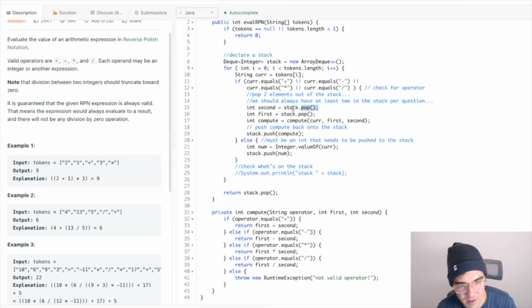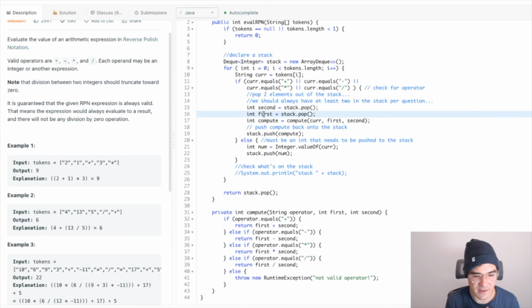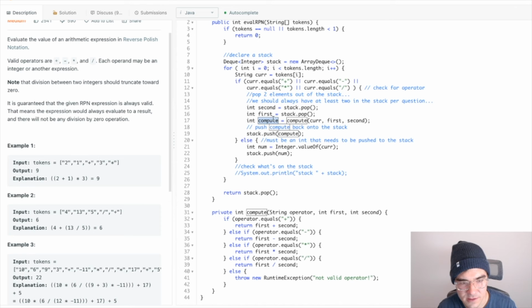I need to pop off the first one and name it second, then pop off another one and name it first, because we want the first to be on the left side of the computation.